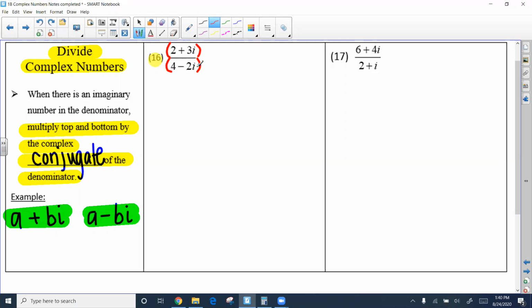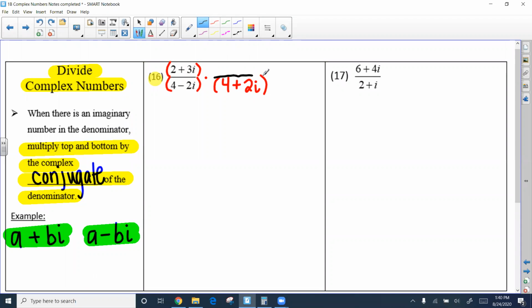Now I'm looking at the denominator, the 4 minus 2i. I need to figure out the conjugate of that denominator. So if this denominator is 4 minus 2i, the conjugate is 4 plus 2i. So I need to multiply by the conjugate.